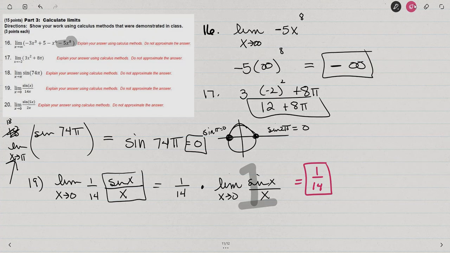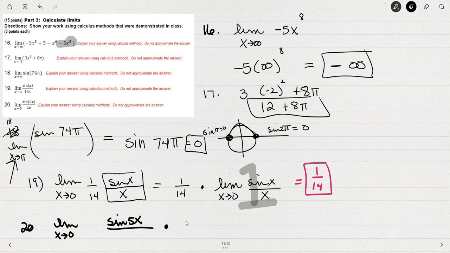Number 20, this one's a little bit trickier. I'm going to rewrite it like this. What I really want is a 5x underneath that sine of 5x, right?